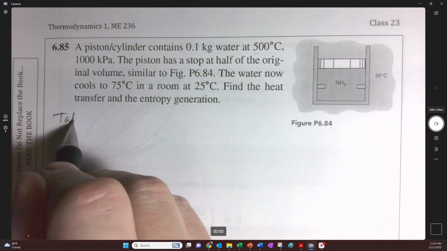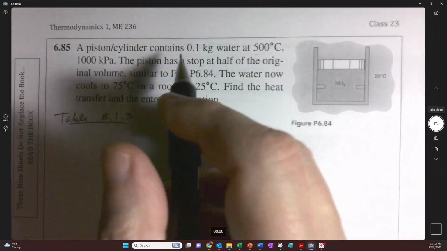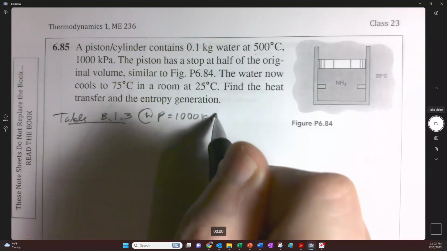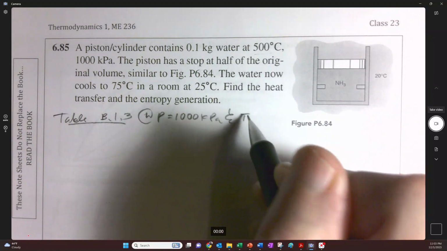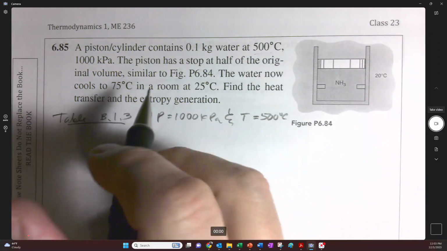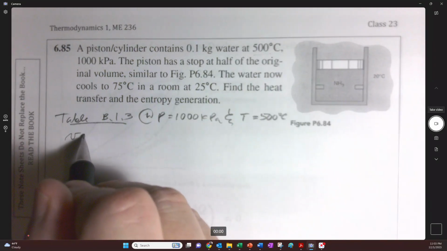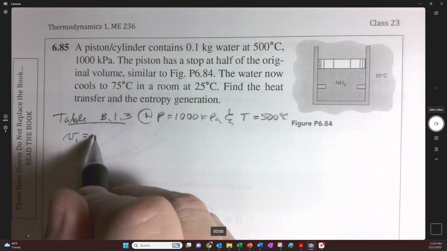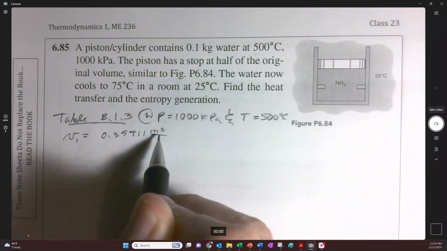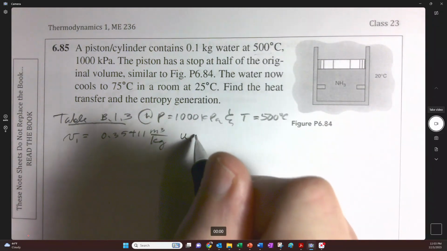From table B.1.3, we look up pressure at 1000 kilopascals and T at 500 degrees Celsius, and sure enough, it is superheated, so we're in the right place. We find the specific volume, 0.35411 cubic meters per kilogram. We're also going to get the internal energy.